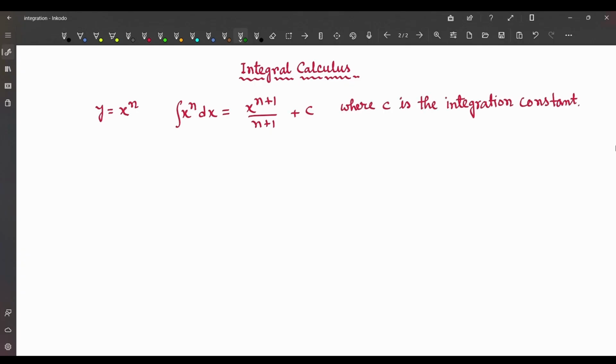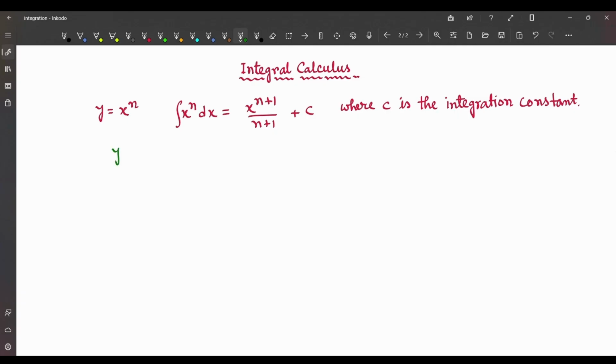If y is a function of x and y is equal to x to the power n, then the integration of y with respect to x, integration of x to the power n dx, is equal to x to the power n plus 1 by n plus 1 plus c, where c is the integration constant. This is the basic formula of integration. I give you an example here.